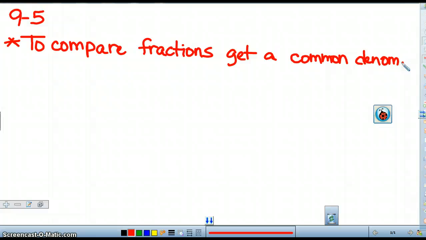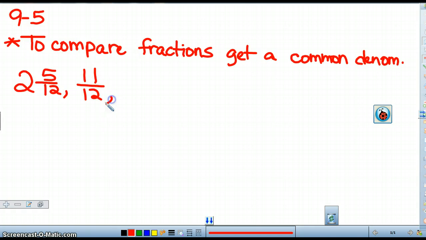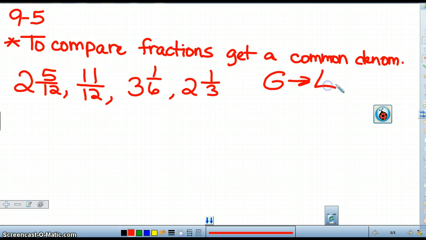So 2 and 5/12, 11/12, 3 and 1/6, and 2 and 1/3. And they want this in order from greatest to least.